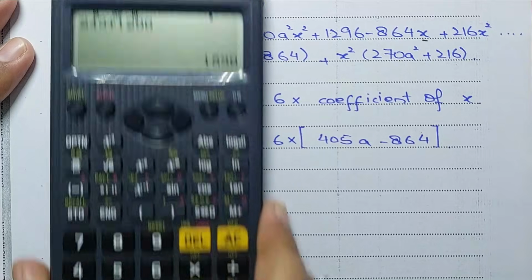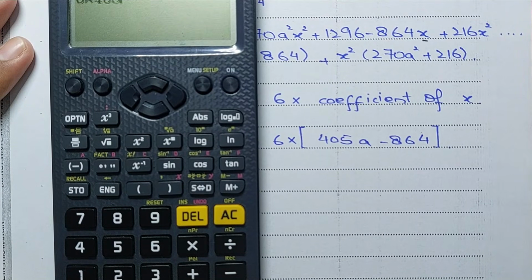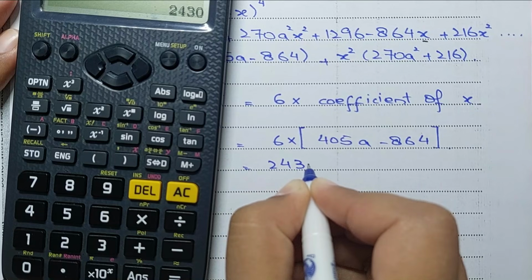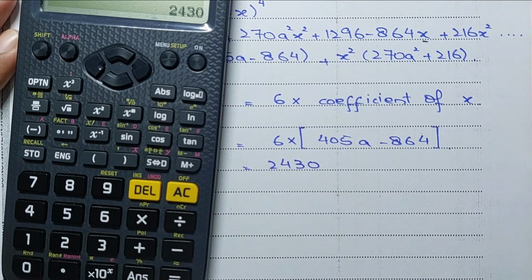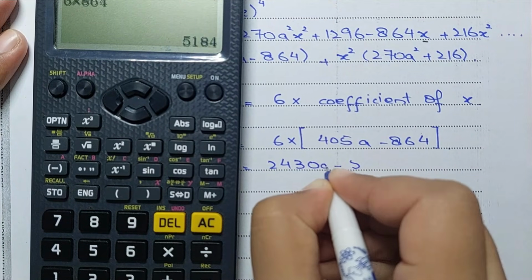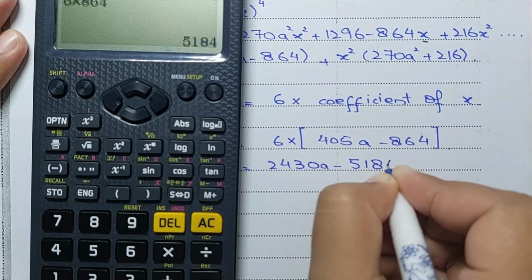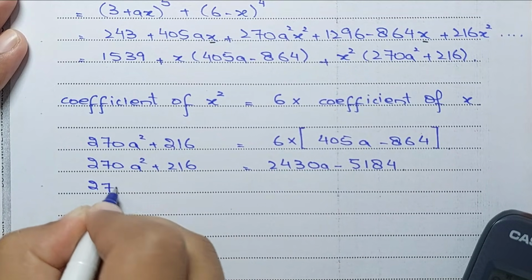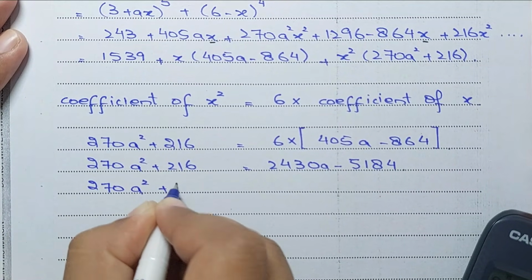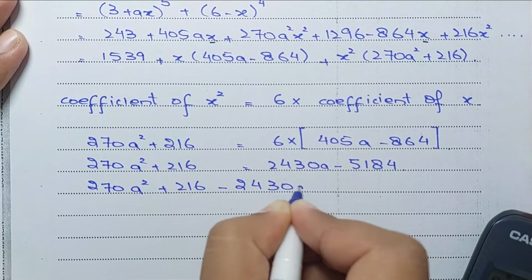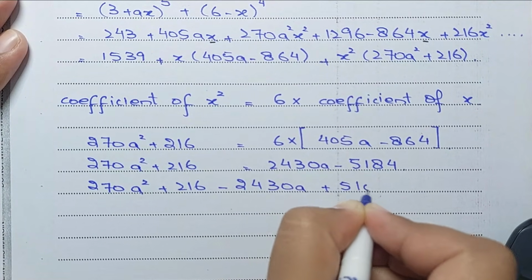This is 6 times. So 6 times 405 is 2430, minus 6 times 864. This is with a, 5184. Shift all the terms to the left side. So 270 is the coefficient of x square, plus 216 is a constant term, minus 2430a plus 5184.